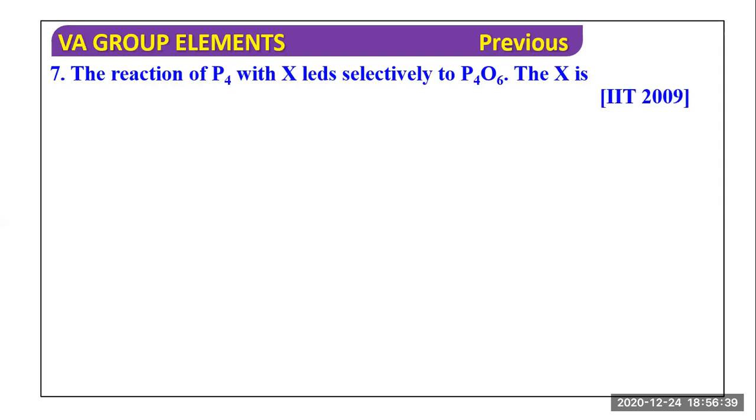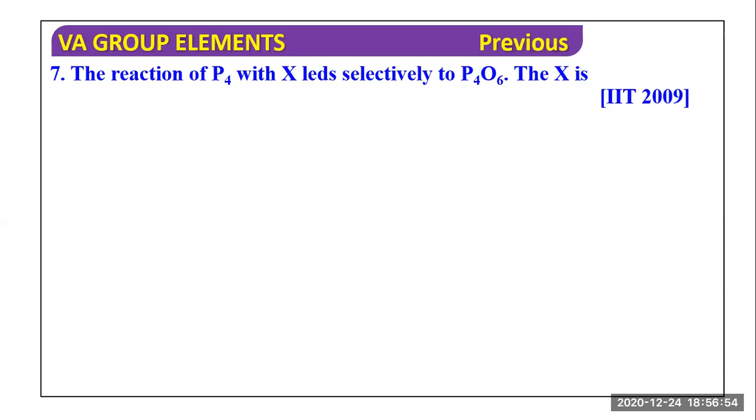Question number 7. The reaction of phosphorus with X leads selectively to P4O6.